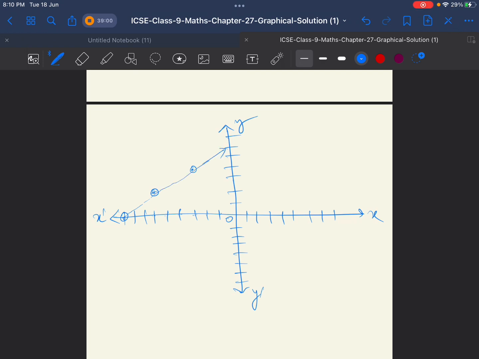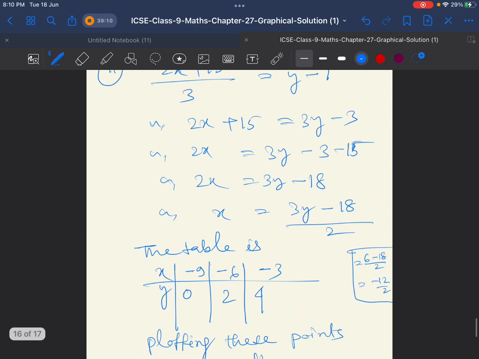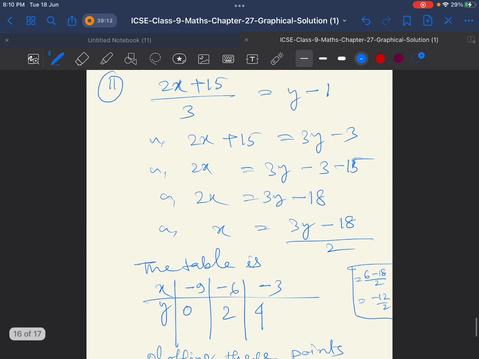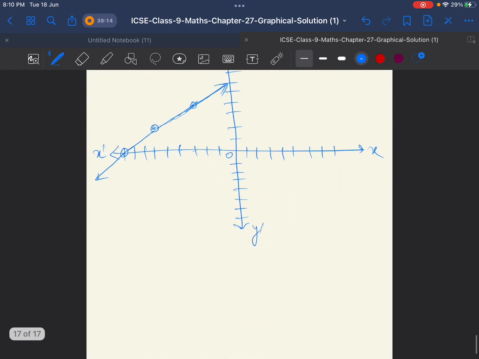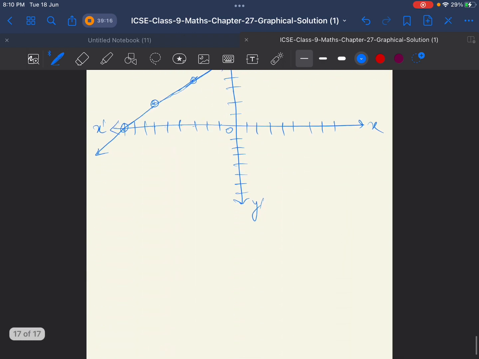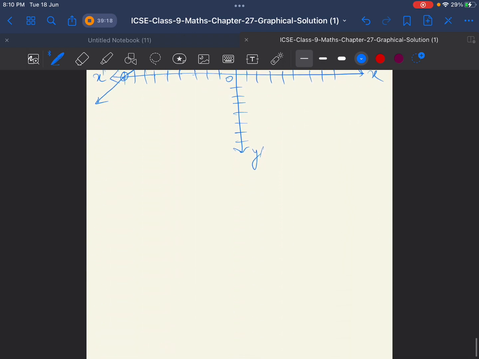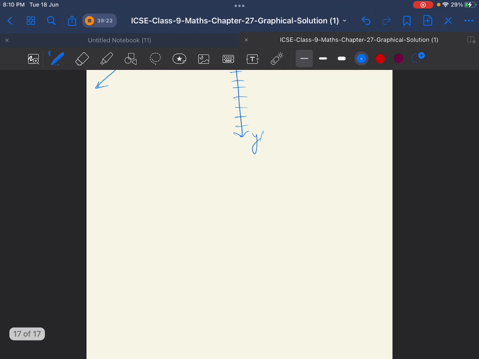Okay, so now we draw the straight line. Okay, this is the straight line. So 2x plus 15 by 3 equals to y minus 1. So this is the straight line.